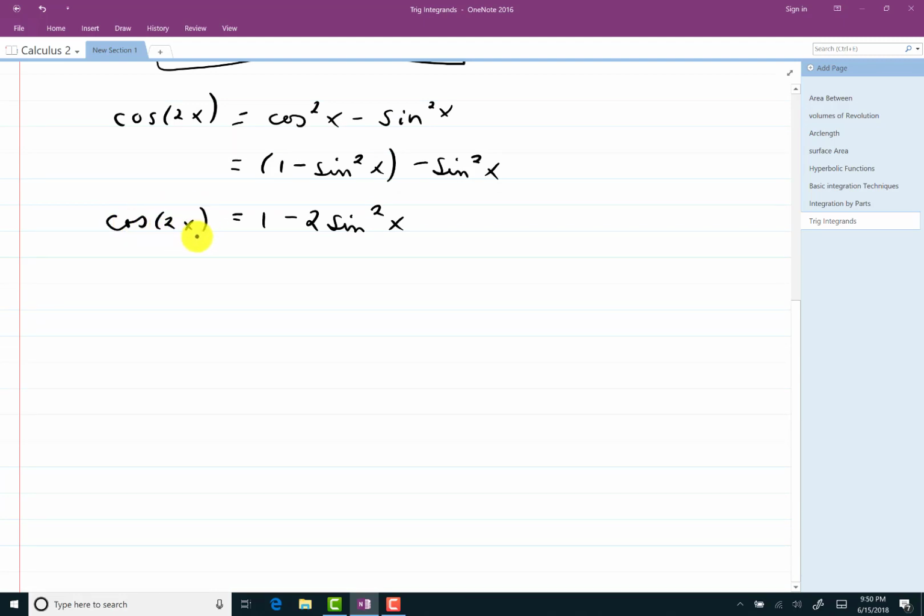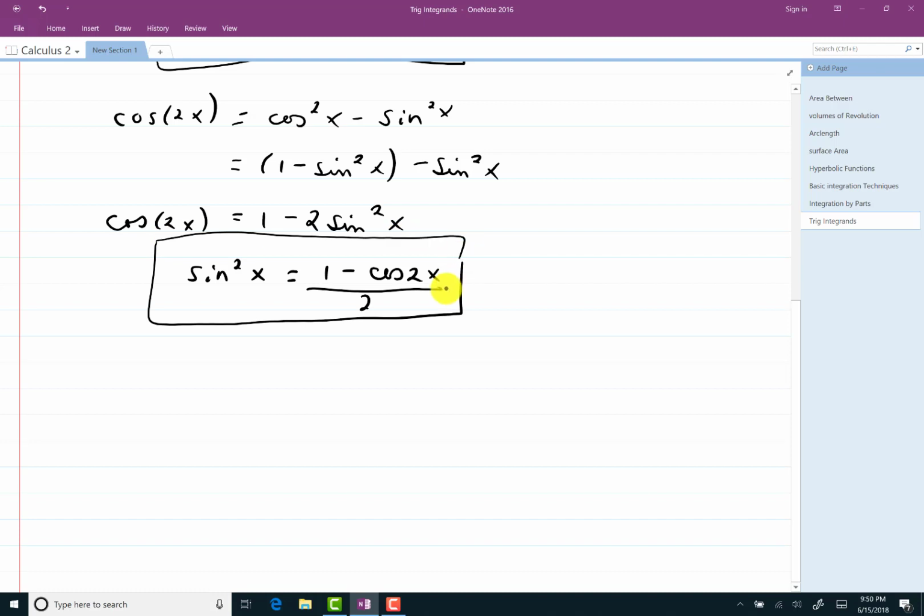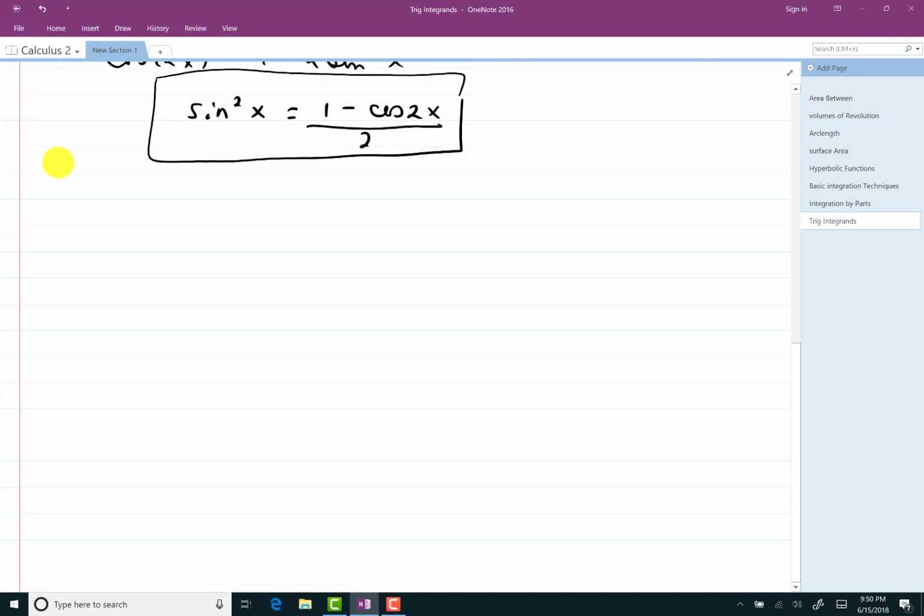If I solve that for sine, so there's a couple of things here. I would subtract 1 and then divide by negative 2. I get sine squared of x equals 1 minus cosine 2x over 2. So whenever we encounter sine and cosine to the second power, this is the way we'll go to integrate them.